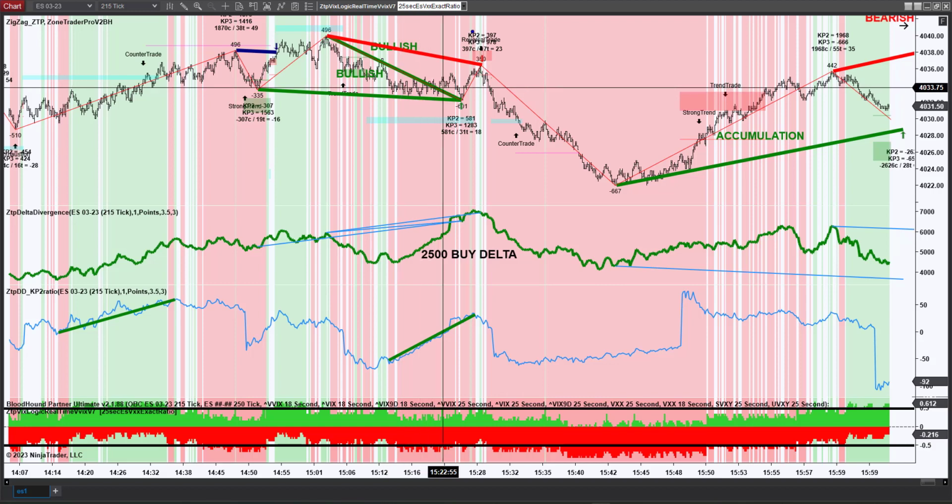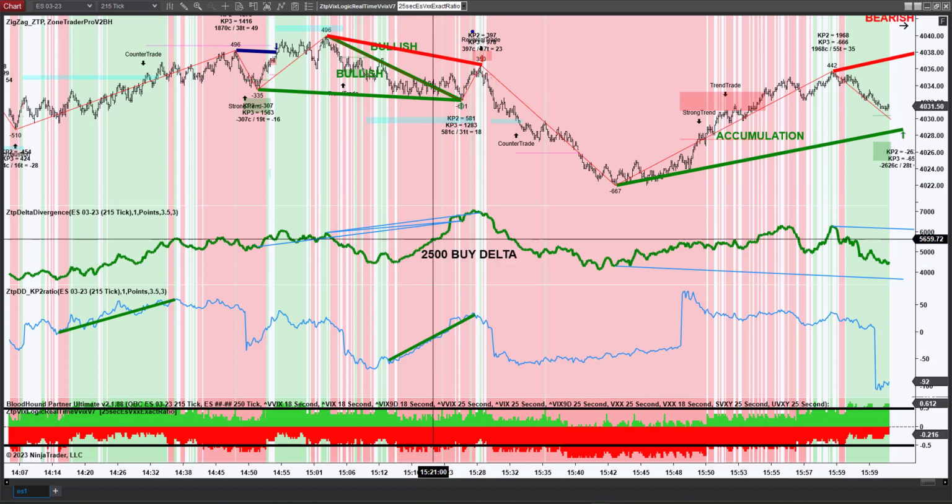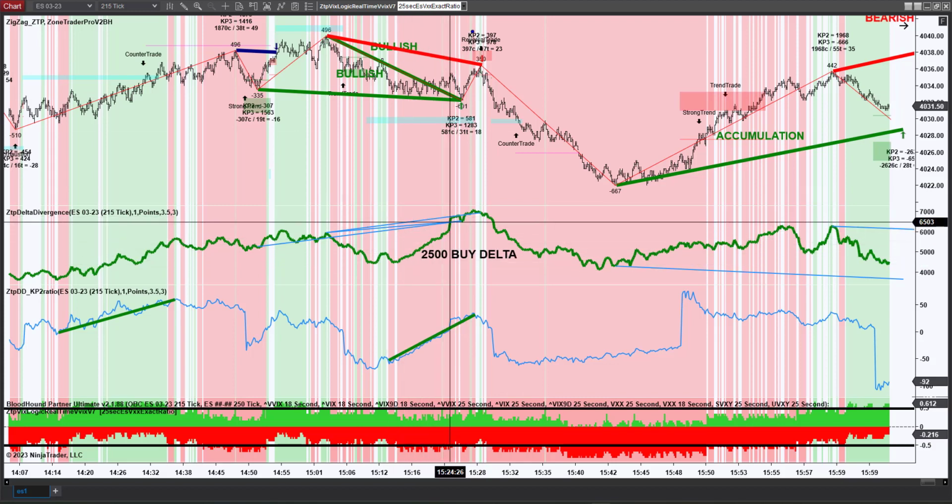And we could see that price was just going sideways in this area between 40.35 and 40.33. It was a very long time. And if you were just looking at cumulative delta, if that's the only thing you had to look at, you would be seeing a lot of buying.